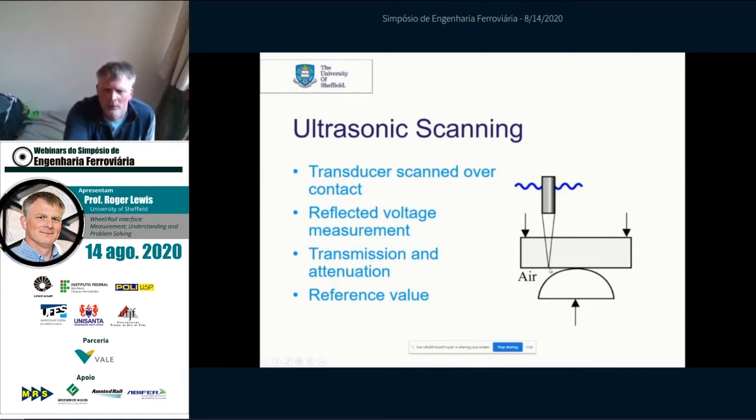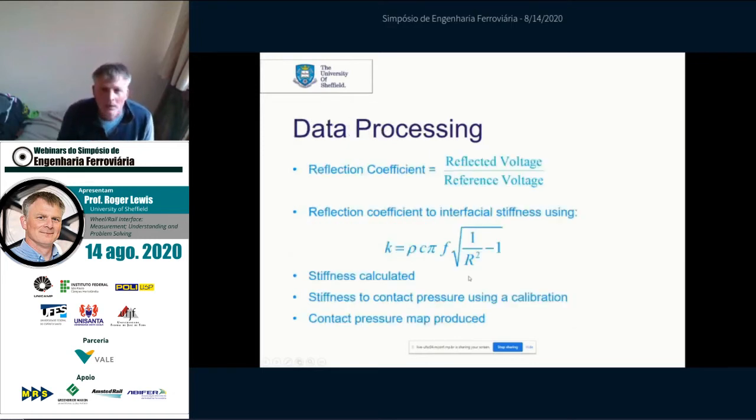And so all the ultrasound will be reflected because it's at an air interface. When we've done our measurement and gained our reflected voltages from our interface, we can calculate our reflection coefficients. Then we can convert that reflection coefficient to an interfacial stiffness using the equation I showed earlier. And then we can convert our stiffness to contact pressure using a calibration.